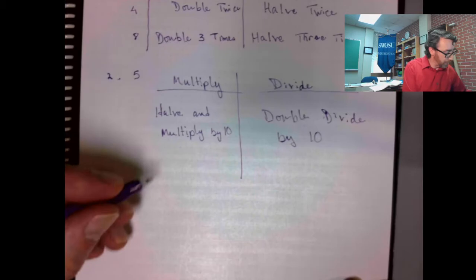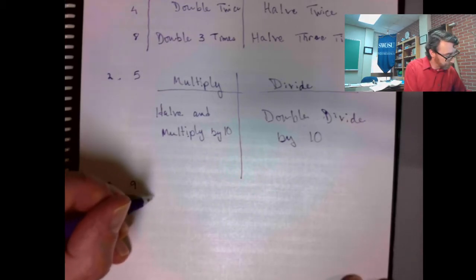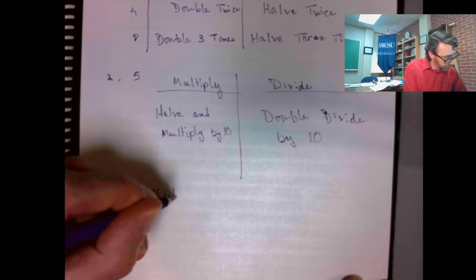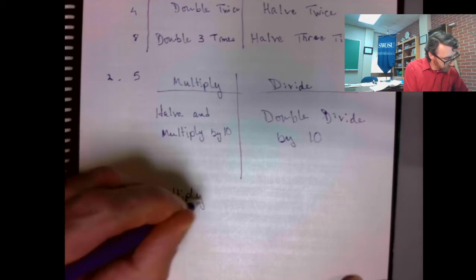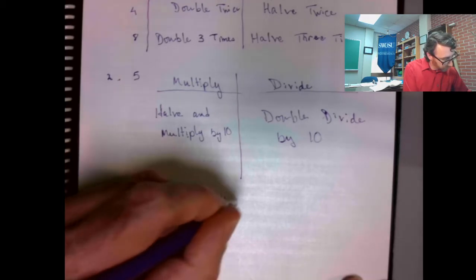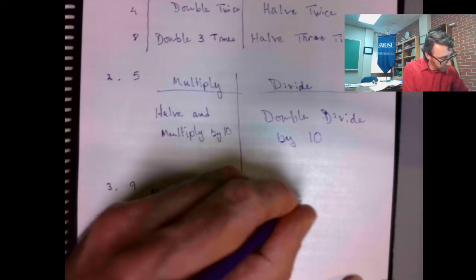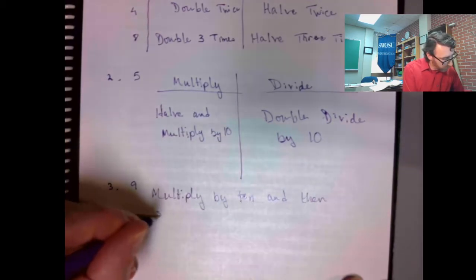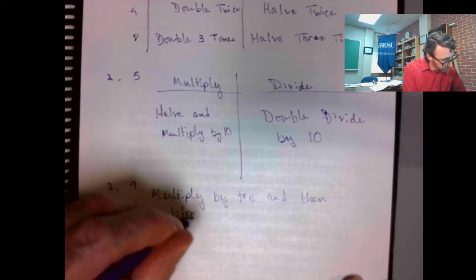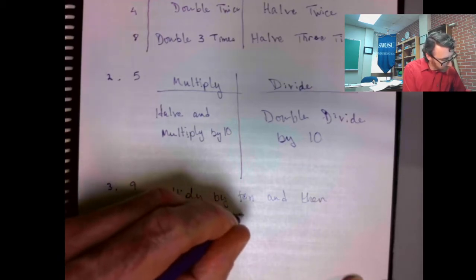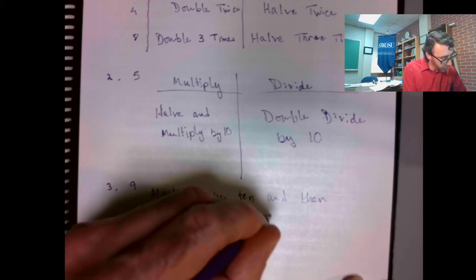Multiplying by 9, multiply by 10, and then subtract your number.